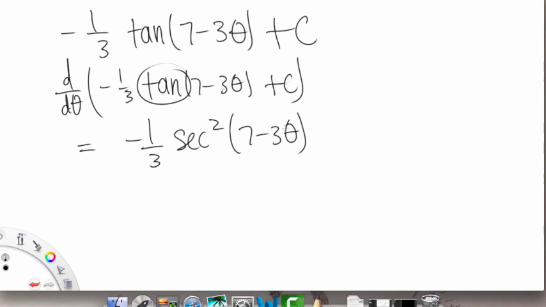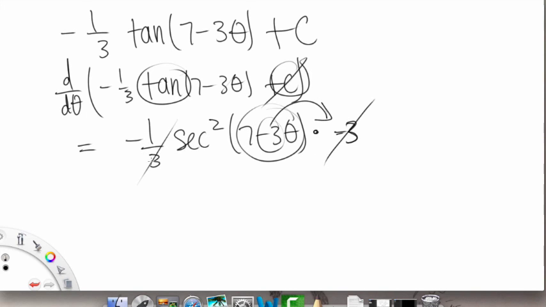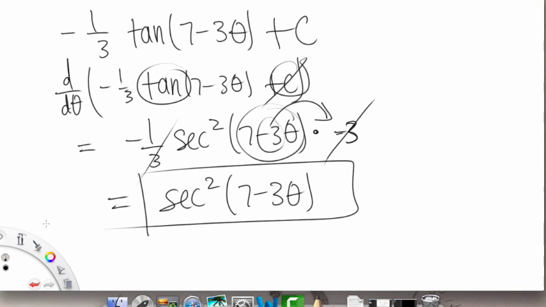According to the chain rule, we also have to differentiate the inner function, so we pull out that negative 3, because that's the coefficient on our variable. The c goes to 0. Here we see how the negative 1 over 3 and the negative 3 cancel to make a 1. So we simply get secant squared of 7 minus 3 theta, which is what we started with inside the integrand. Remember? Okay, so that's it. We checked our answer on that problem.